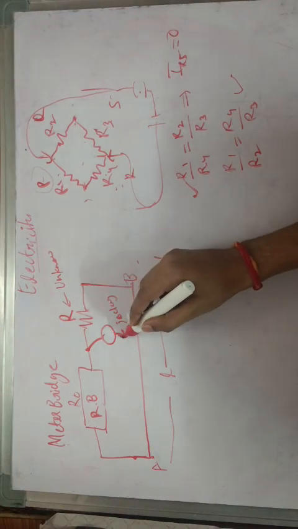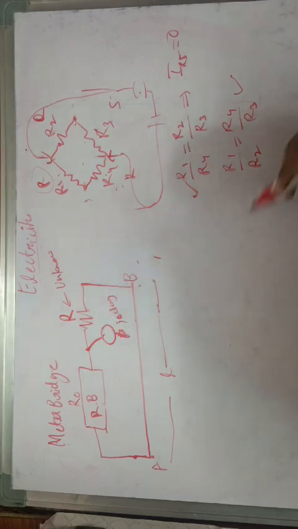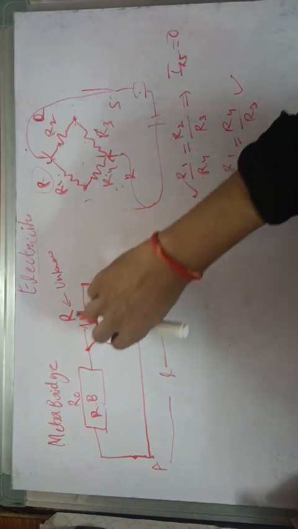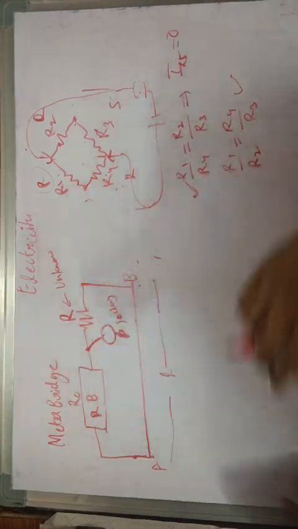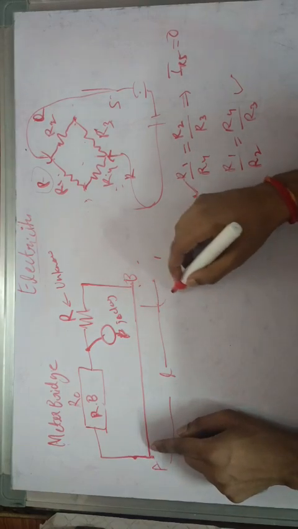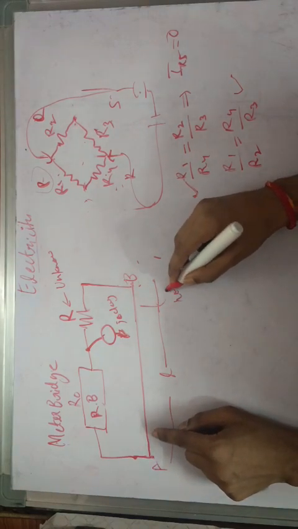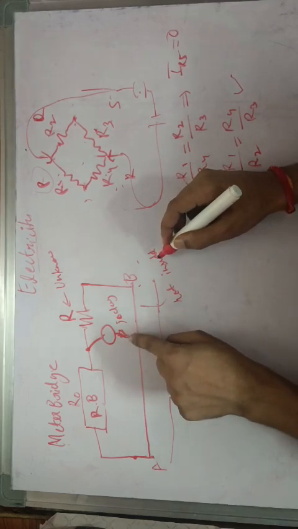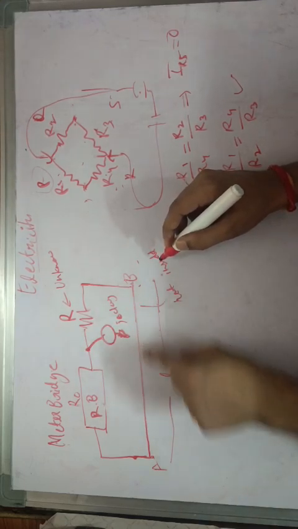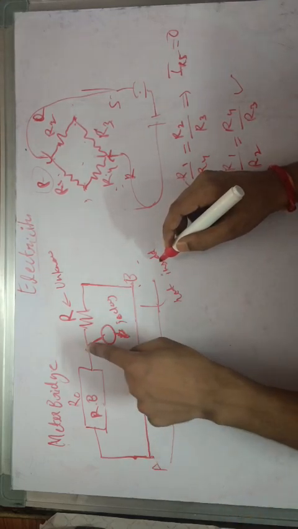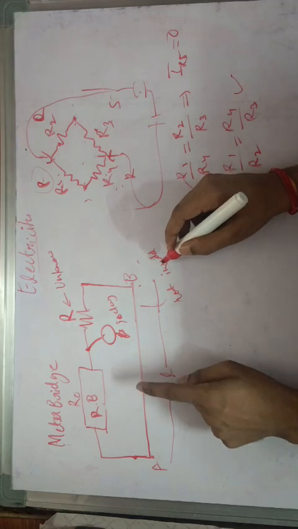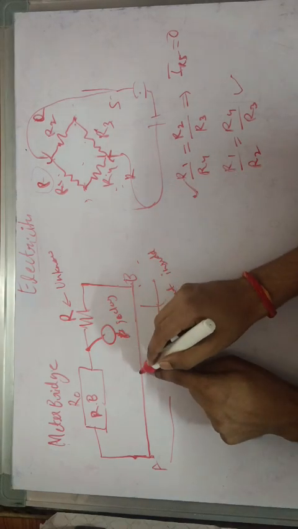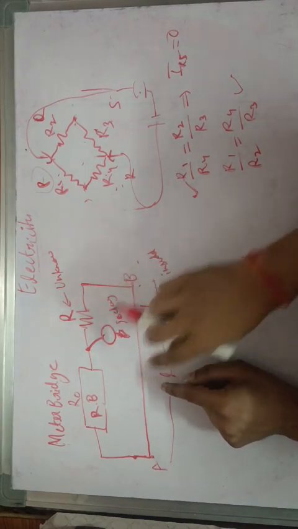There is a pen-like object connected to this galvanometer, called the jockey, which we move over this wire. This wire is not insulated, and this is a conducting part. It makes connection with this wire at any point where we touch it.